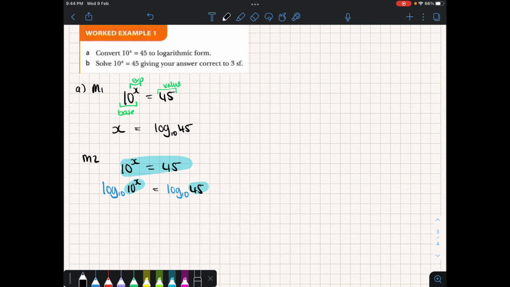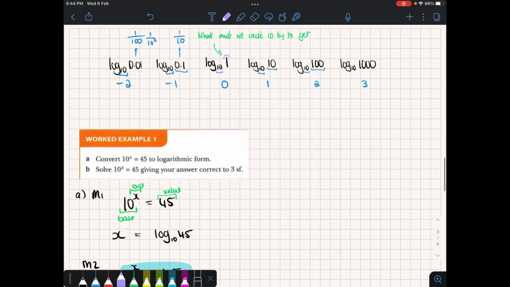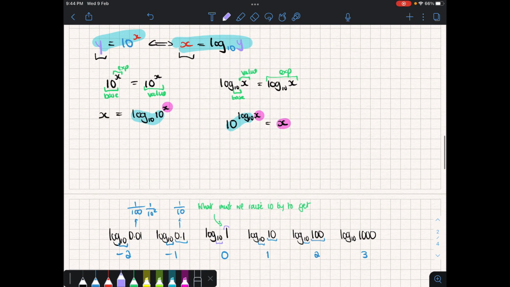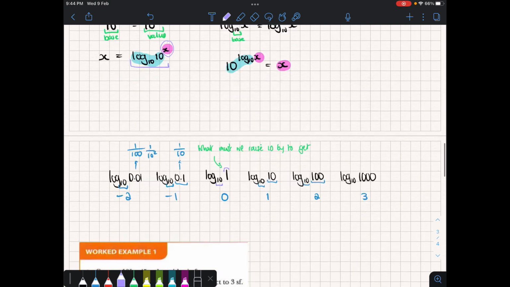From here, what we notice is we have the condition that we looked at before: if we have a log to base 10 and the value is 10, we can simplify that into the exponent.